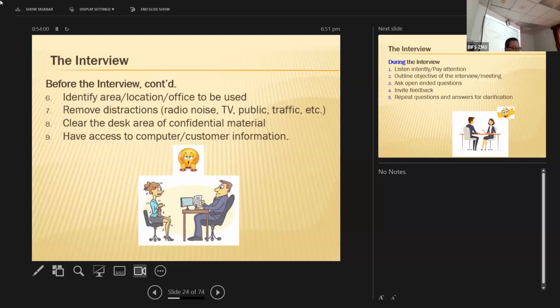So clear your desk, have a clean desk policy, especially because you're taking a lot of applications. If you can't help yourself, at least put a clear blank piece of paper on top of the information, so the possibility of bank information or other client information being revealed is brought to nil.